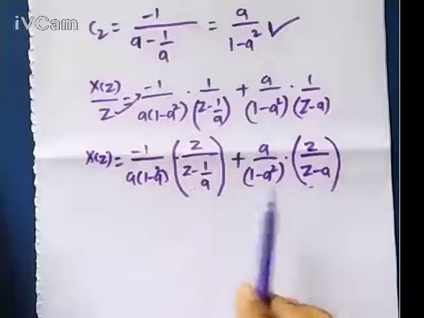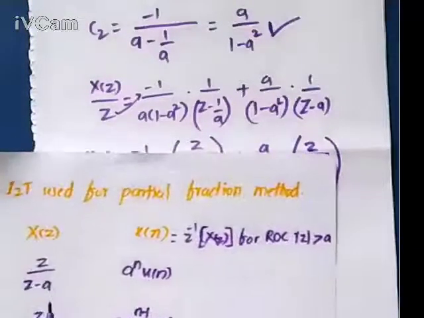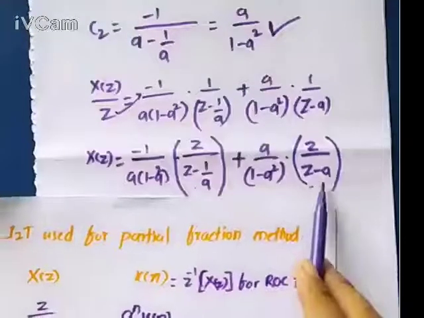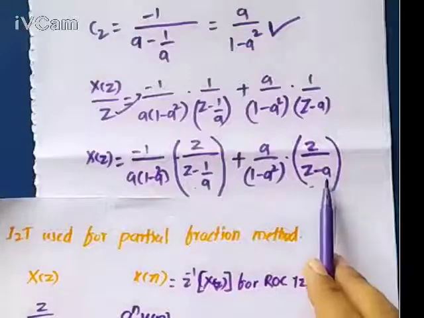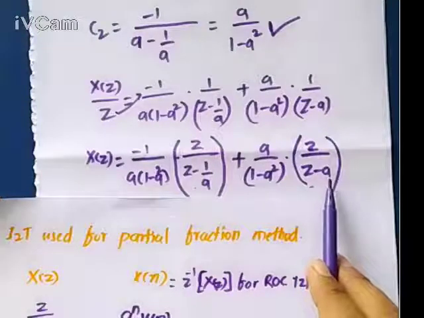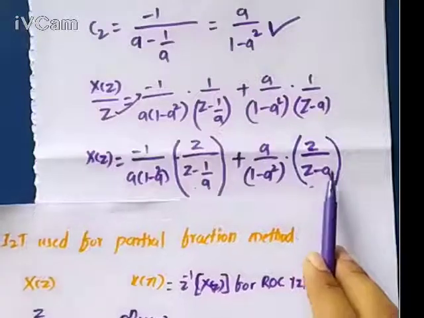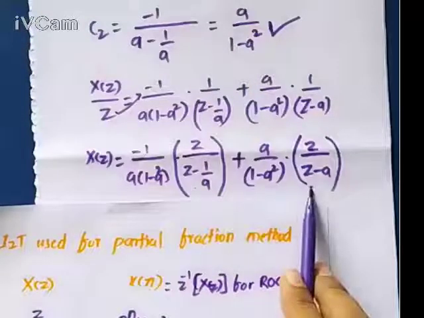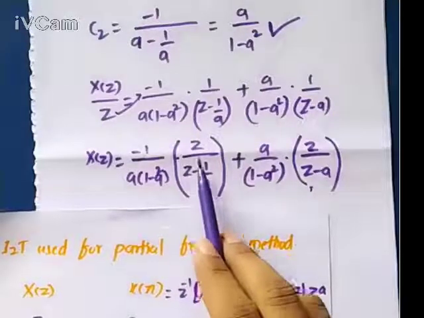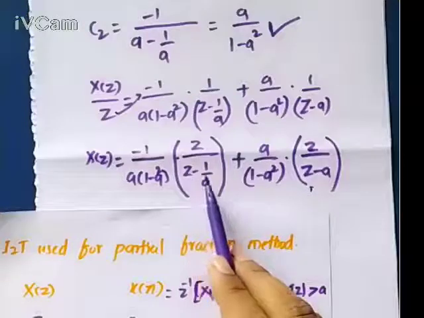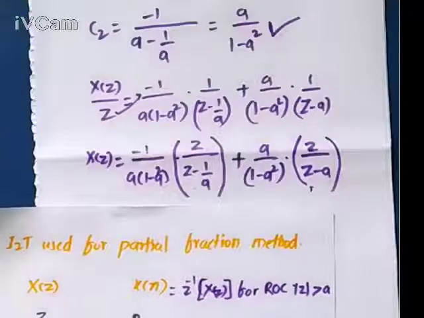Okay, so remember that. So correspondingly what I can write here: z by z minus a, the same a only, can be represented in this form only, and z is greater than a for this. So I can write this as a power n u of n. But what about this second part? This is also in the form of z by z minus a only, where that a is nothing but 1 by a, but here it is non-causal.